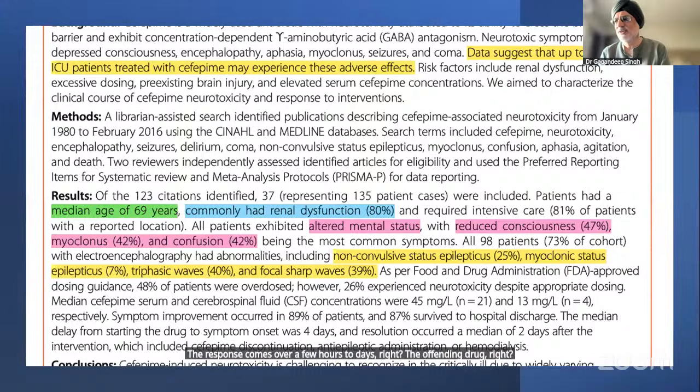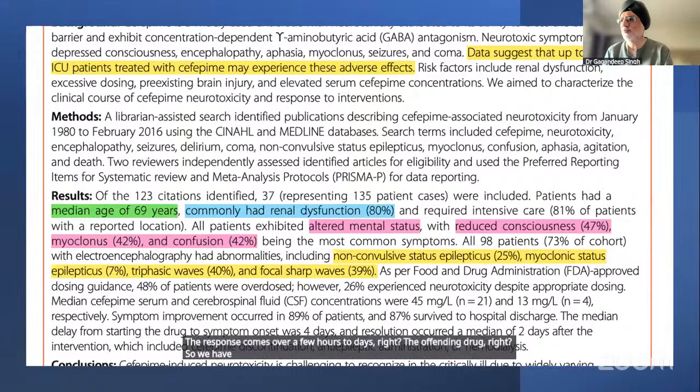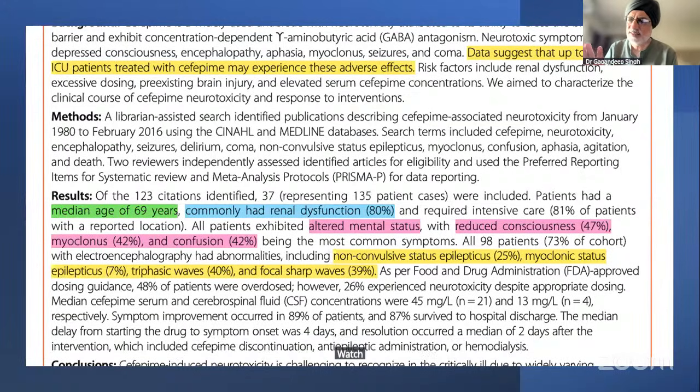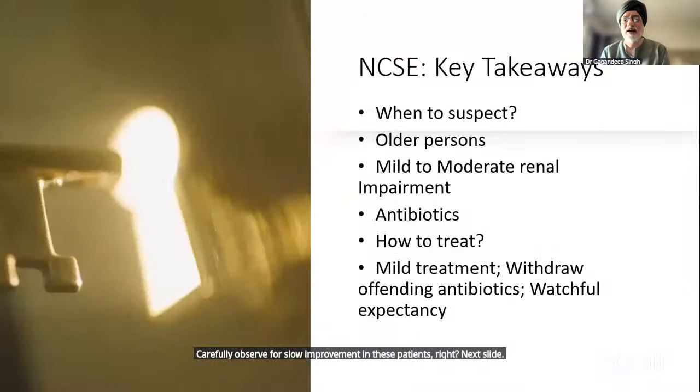So we have moved from aggressively managing these patients to watchful expectancy: just give a little bit of benzodiazepine and carefully observe for slow improvement in these patients, right? Next slide. So that's it.